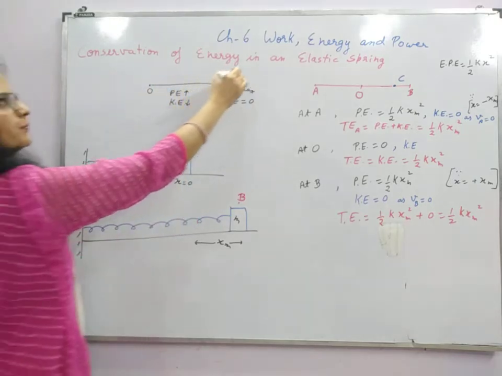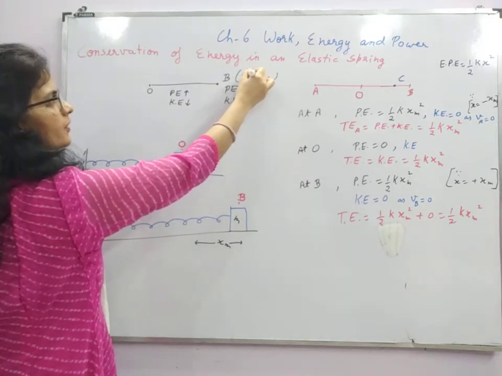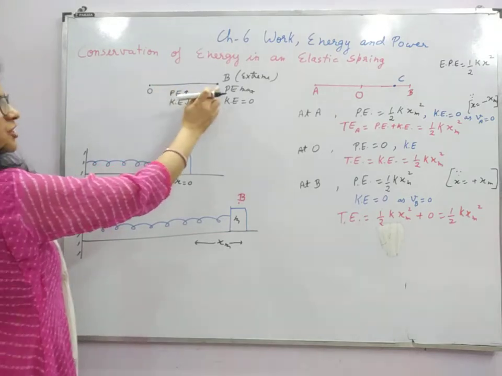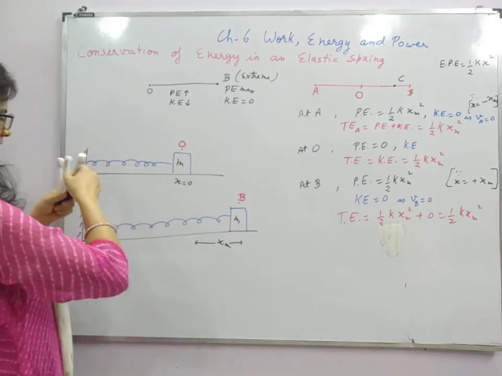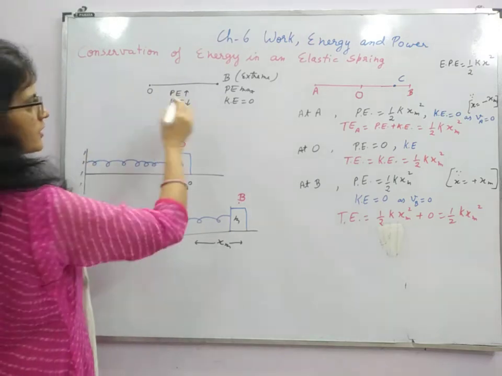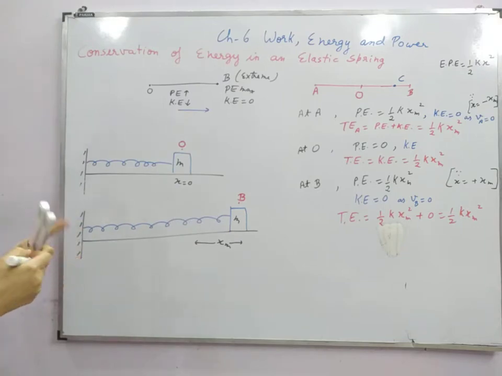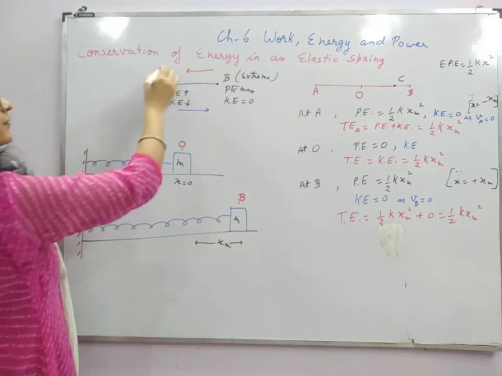This is the extreme point, right? Similarly, when it is returning, the potential energy is now converting to kinetic energy. So when it is returning from B to O, what is happening?